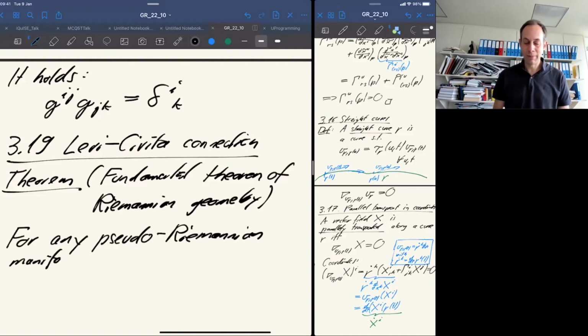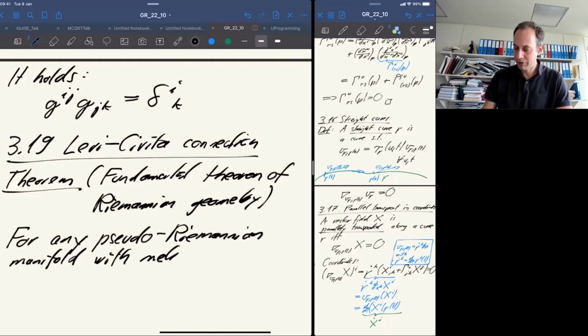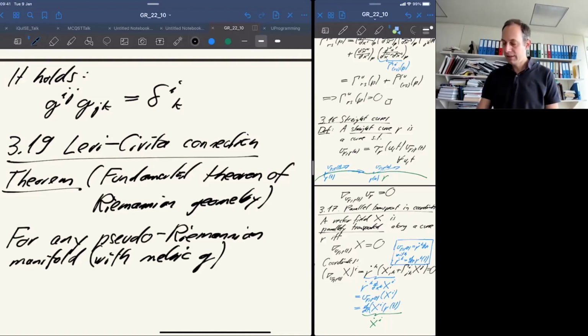So one should say a pseudo-Riemannian includes the Riemannian because positive semi-definiteness is implied by the second condition we had before. With metric G, okay, actually it's clear that it has a metric G because that's just how we define it.